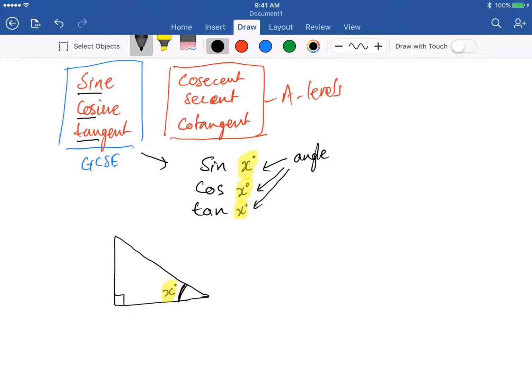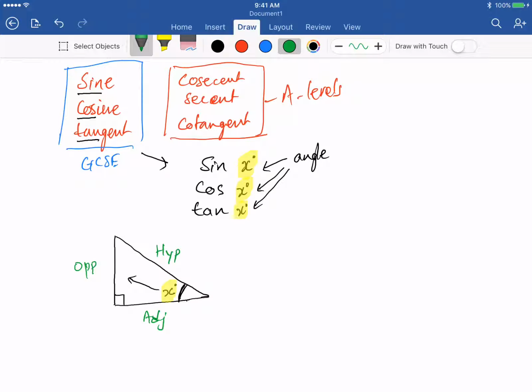We need to label this right angle triangle. As you may be familiar, the longest side in a right angle triangle is called the hypotenuse. The side which is opposite to the acute angle is called opposite, and the third side, which is at the base, is called adjacent.